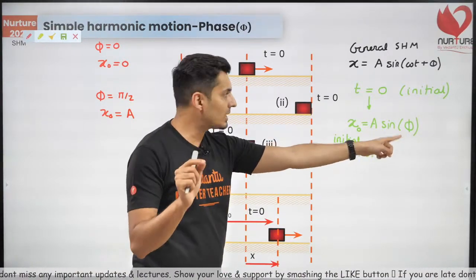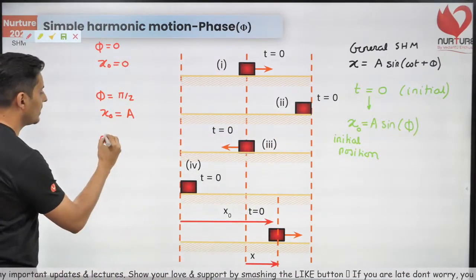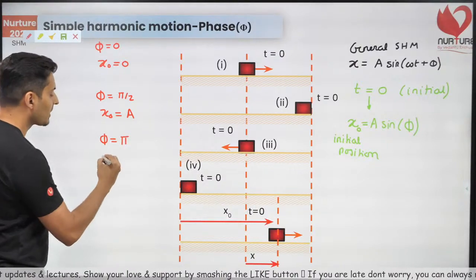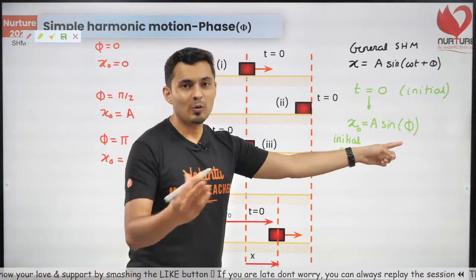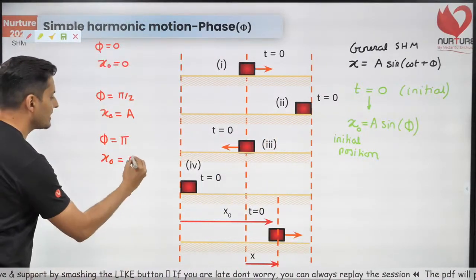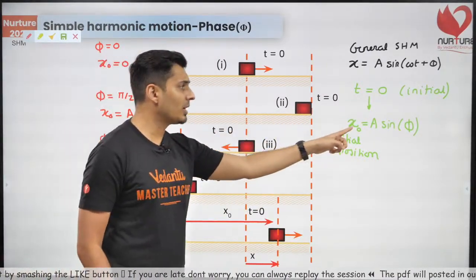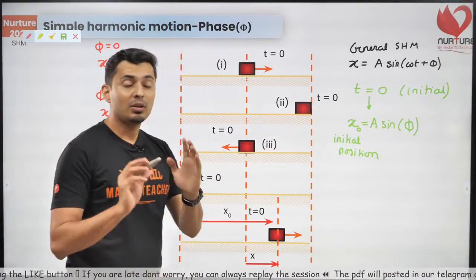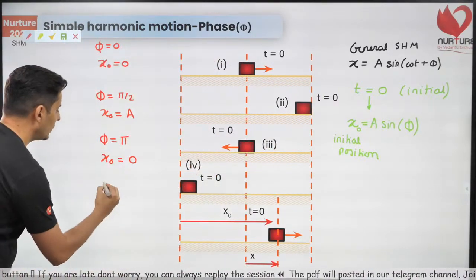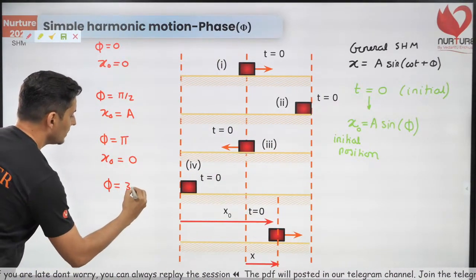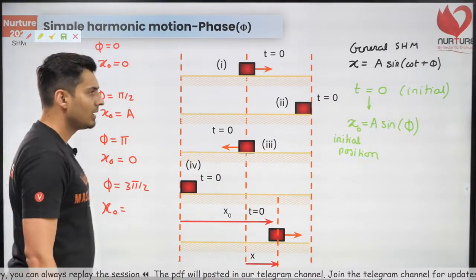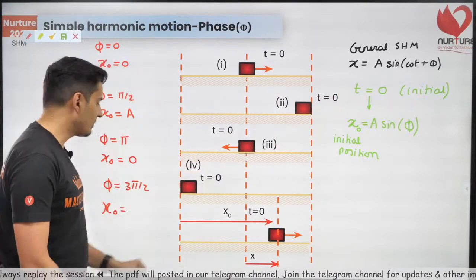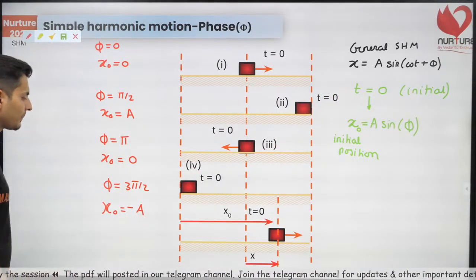If I put the value of phi as pi radian, then the value of x0 will be, come on my warriors, sine of pi, sine of 180 is 0. So x0 will be 0 again. If I put the value of phi as 270 degrees, which is 3 pi by 2, then sine of 270 is minus 1. So I'm just going to get this as minus a.